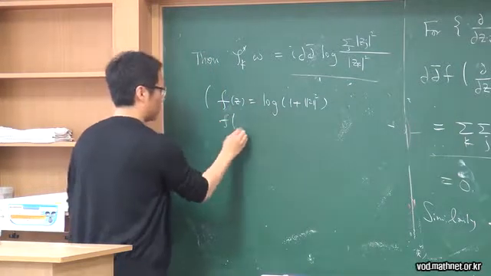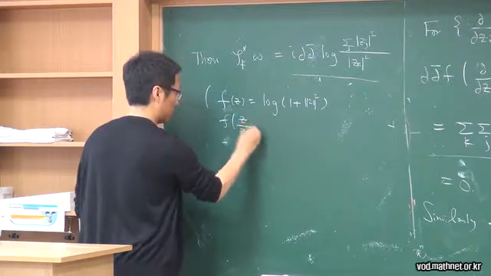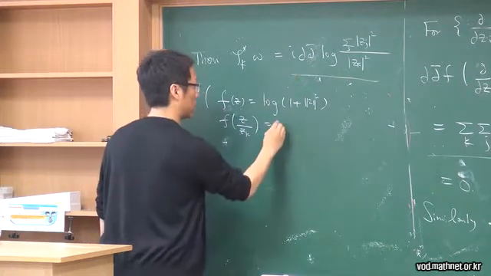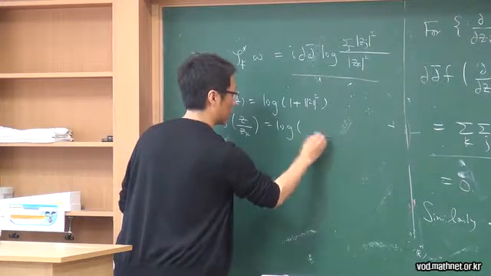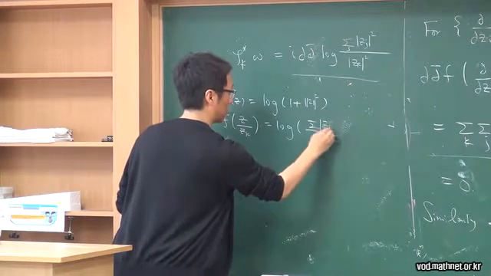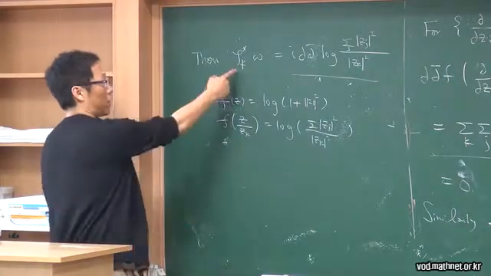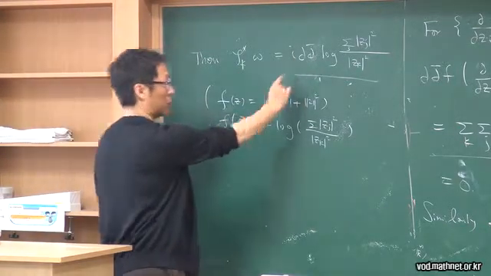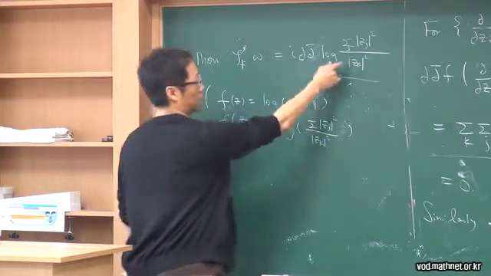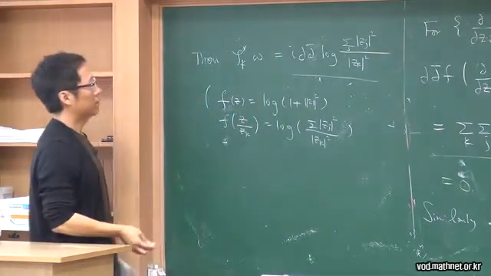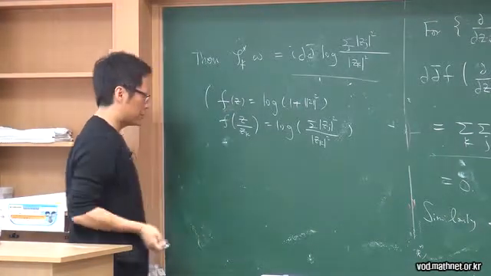And if we put Zk over Z, then it becomes log Zk squared. So also the pullback commutes with the differential, so it just comes out in front of this function.